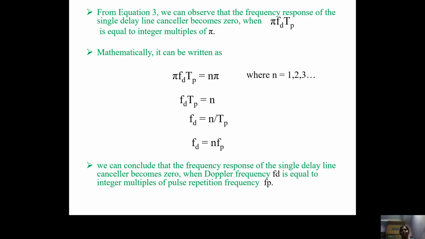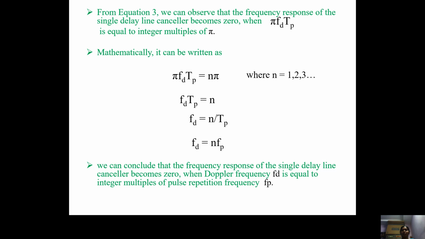Whenever the Doppler frequency in the received echo signal is equal to the integer multiples of the pulse repetition frequency which we have transmitted, when both are the same, then there will be 0 frequency response.